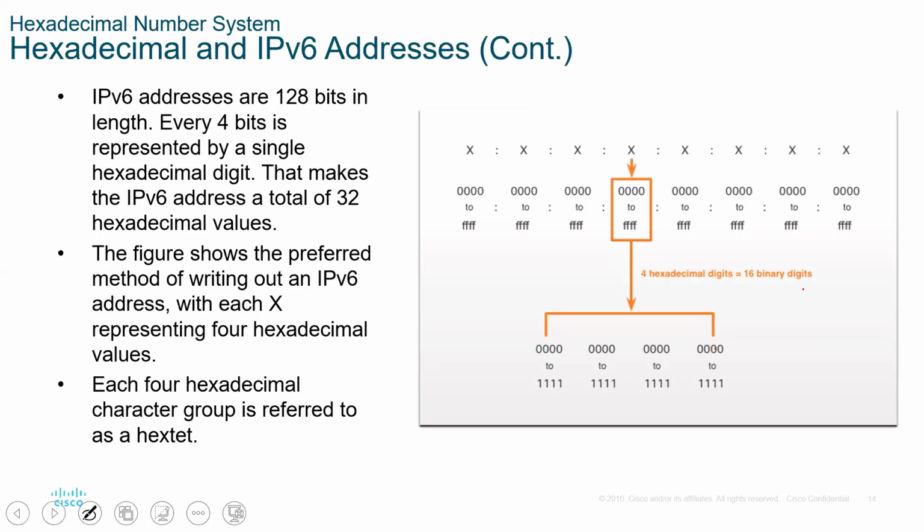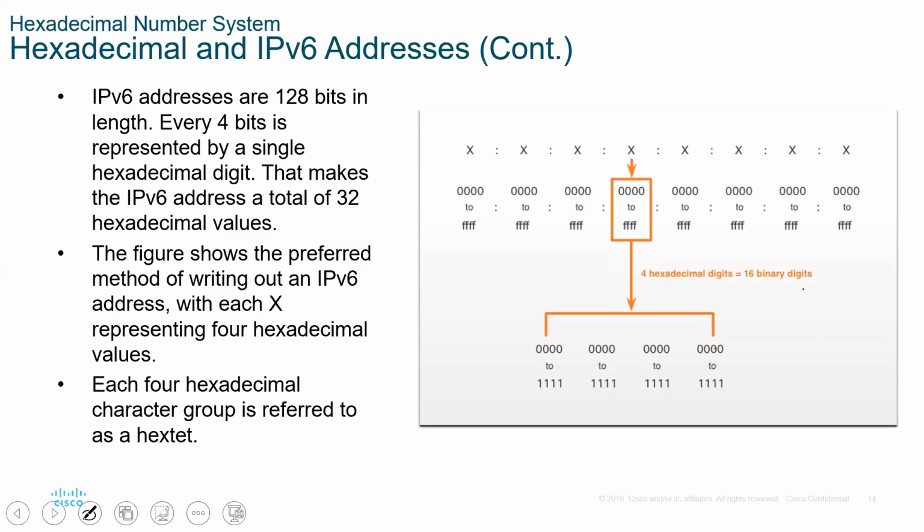IP version 6, each group is 16 bits, and we call them segments. 8 segments. So instead of having 16 bits of 8 binary segments, they decided to convert it to hexadecimal.